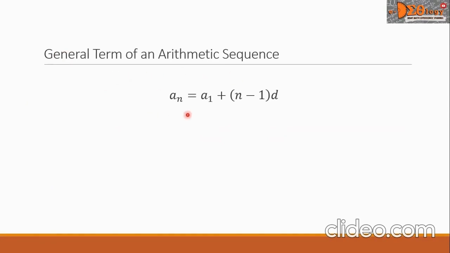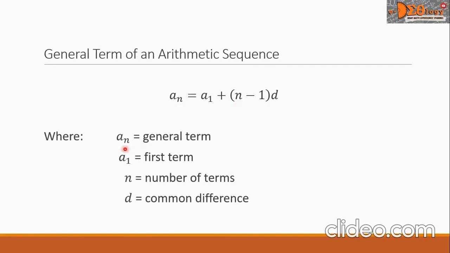A sub n equals A sub 1 plus the quantity n minus 1 times D. Take note, the subscript n here is the same with the variable n in here, where the A sub n equals general term, A sub 1 is the first term, the n is the number of terms, and D is common difference.